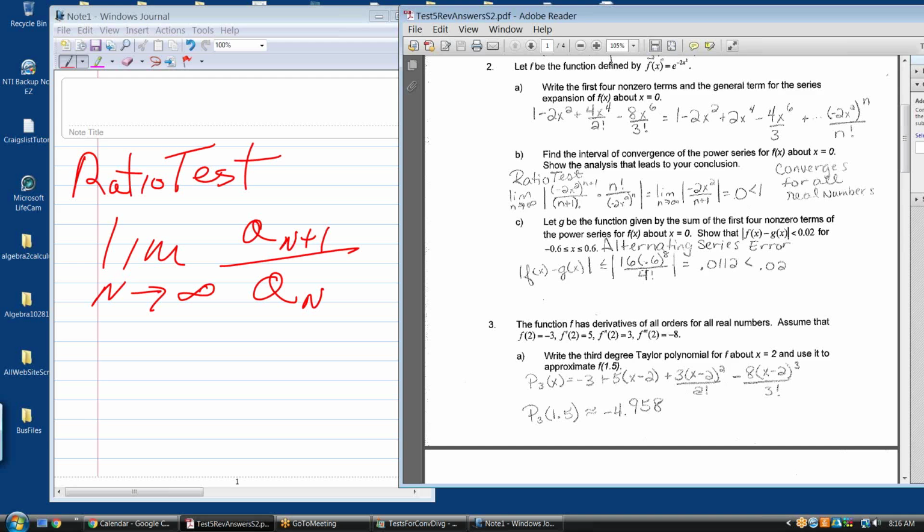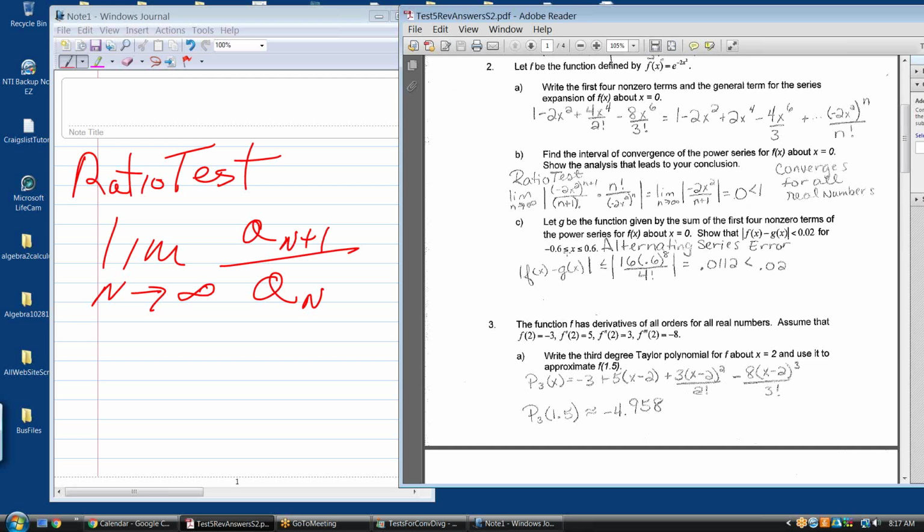Well, notice what the next derivative is. In other words, that was f prime, f double prime, f triple prime, f quadruple prime is going to give us a 16 in the numerator, right? Yep. A 4 factorial in the denominator.